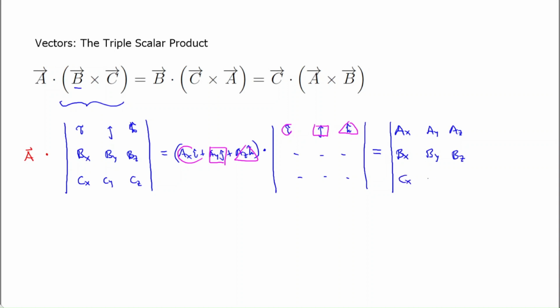And then the vector components of B and C just stay where they are. So now our job is to calculate this determinant. All right, let's just do that now.